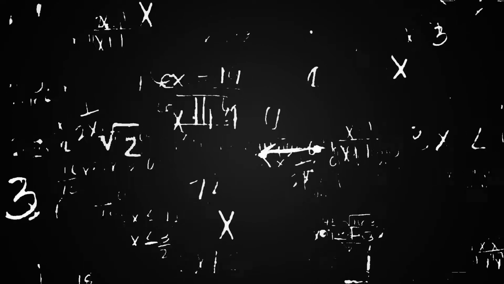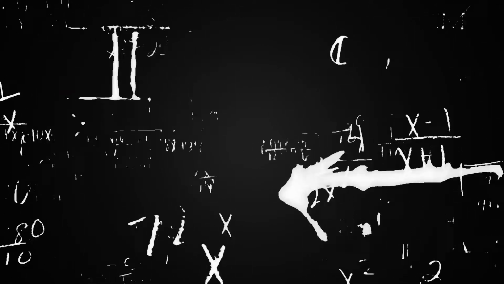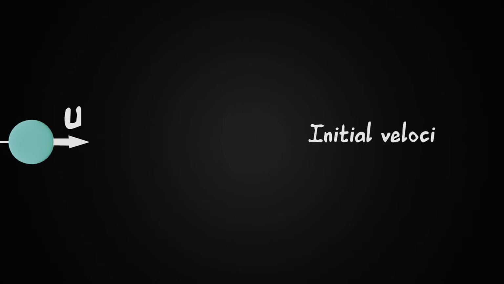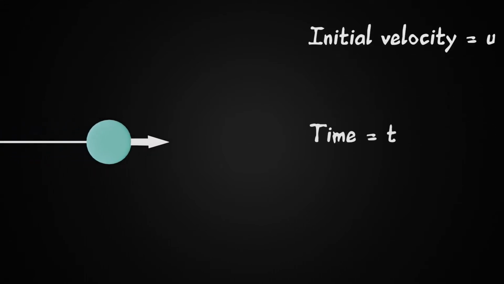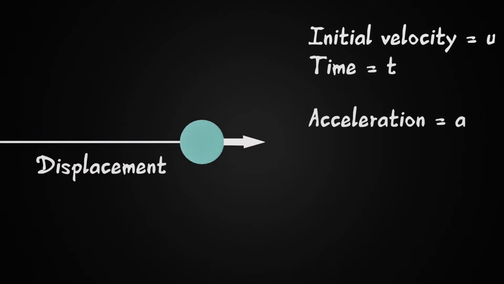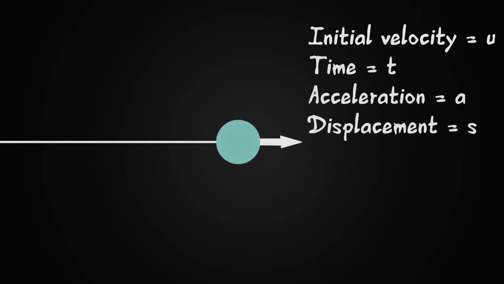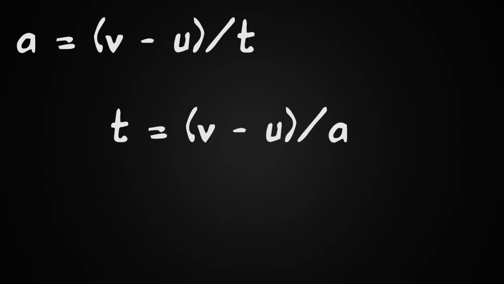Case 3. Consider an object starting its motion at velocity u and moving for a time t under a uniform acceleration a. If it displaces by a magnitude s, by the definition of acceleration, which is a is equal to v minus u over t, we can subject t, where t is equal to v minus u over a.